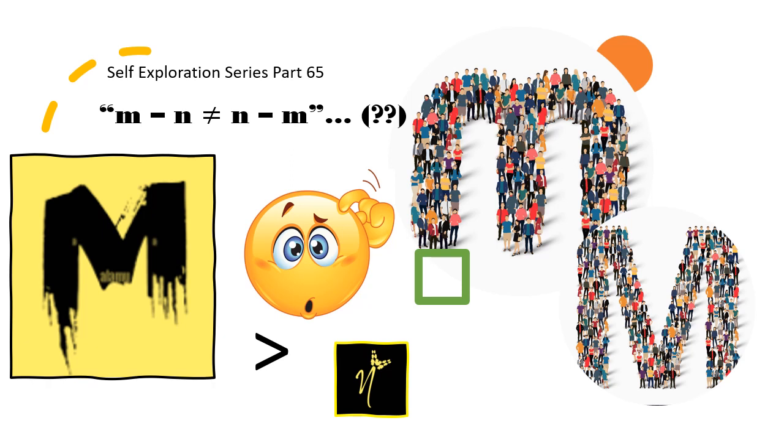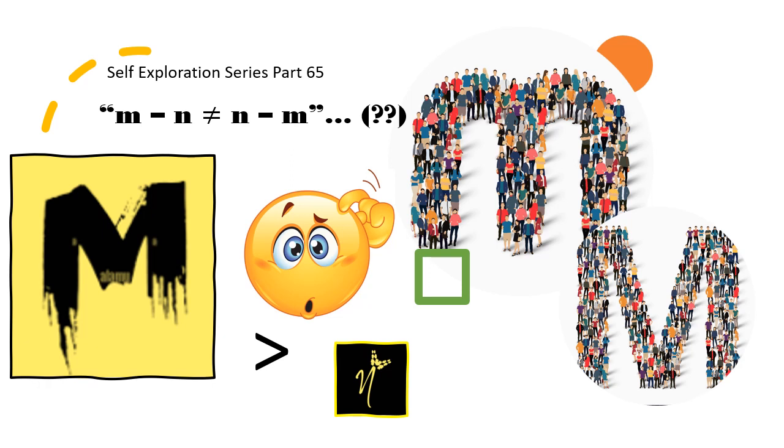If the order of the numbers is changed, answers are different. Also, if n is a bigger number than m, then in the real world n minus m is possible. If n is 5 and m is 3, then 5 minus 3 is possible.